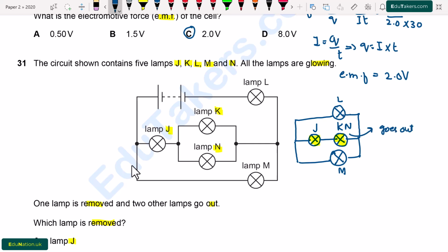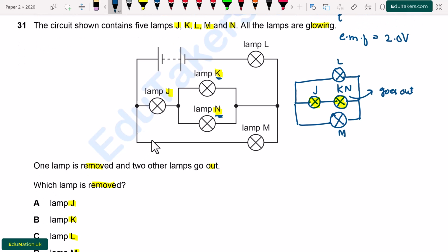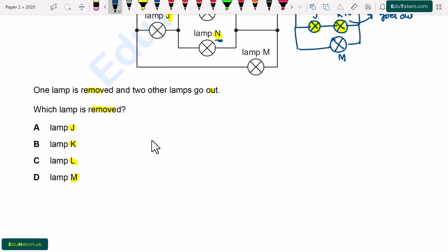It means that lamp K and N, both of these go out. So option A is correct, which shows that when we remove lamp J, the other 2 lamps go out. So option A is correct.